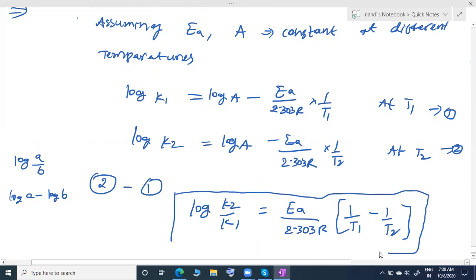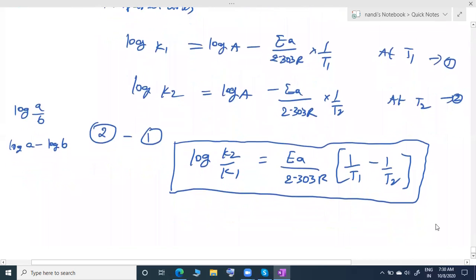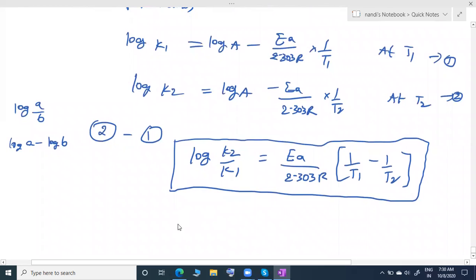So at different temperatures, T should be in kelvins, we are getting the K value. K2 is at temperature T2, K1 is at temperature T1. So we are assuming here the activation energy doesn't change with respect to temperature. Maybe in terms of ln also you can write it: ln K2 by K1 equal to Ea by R into 1 by T1 minus 1 by T2.